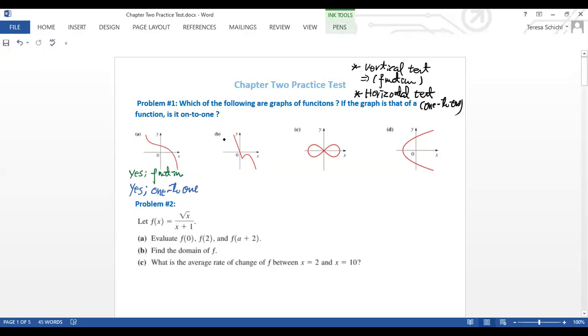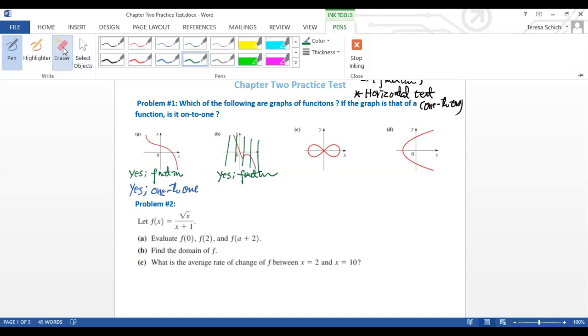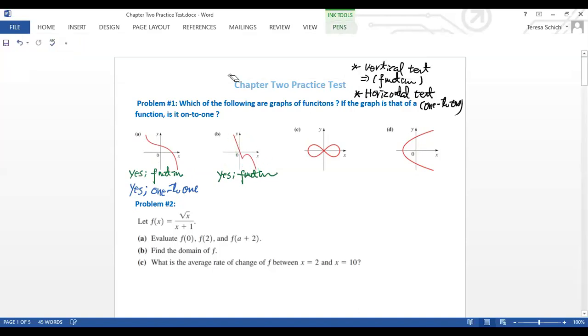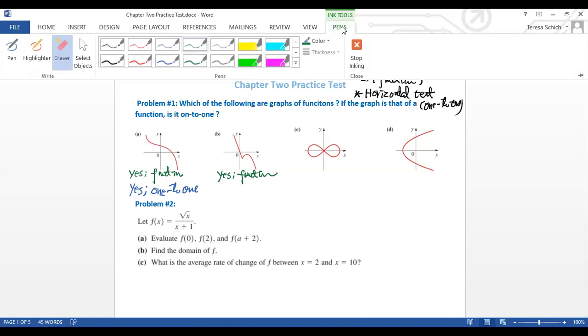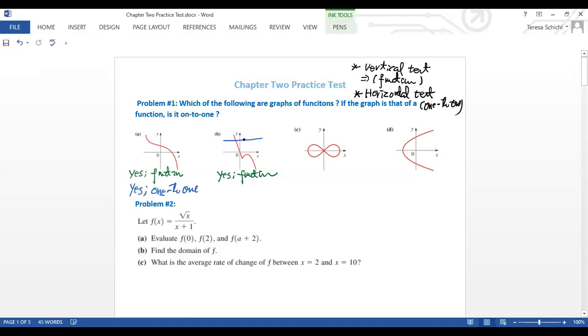Okay, now let's take a look at the second one. Let's see, is this a function? You put the vertical lines here, and every vertical line only touches one point, right? So we say yes, this is a function. Now, if it's a function, let's test to see if it is one-to-one or not. So we do the horizontal line. Those two look okay.